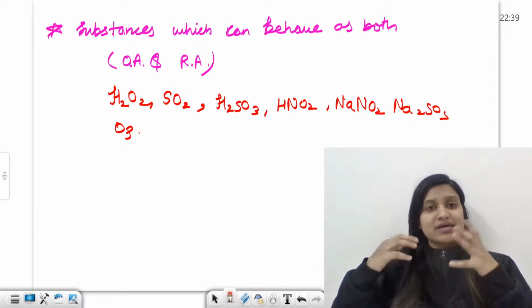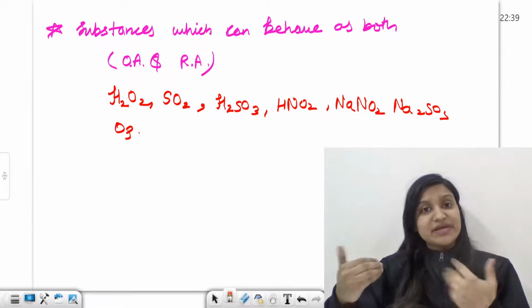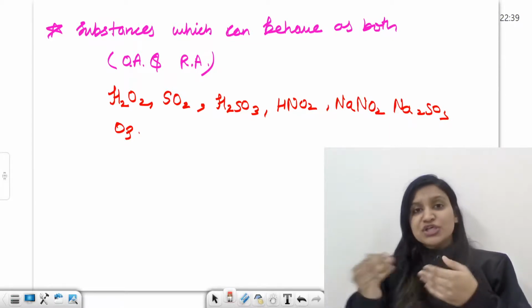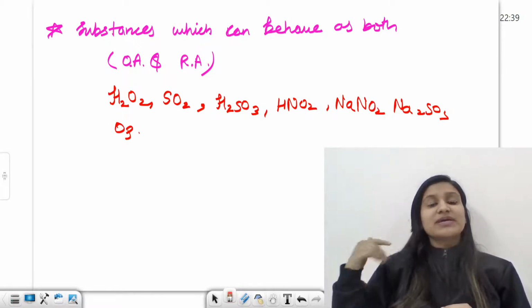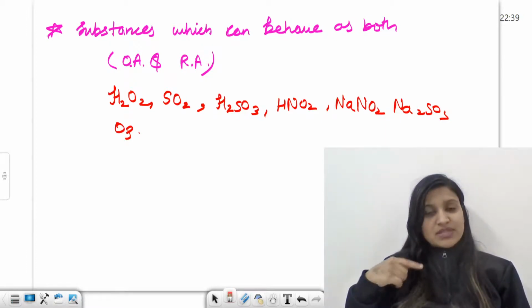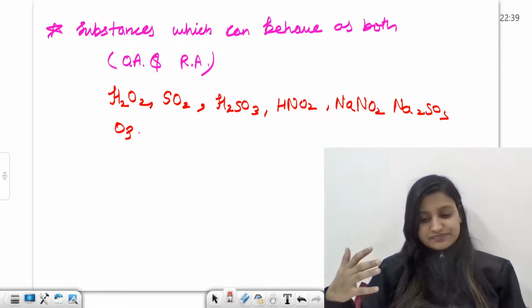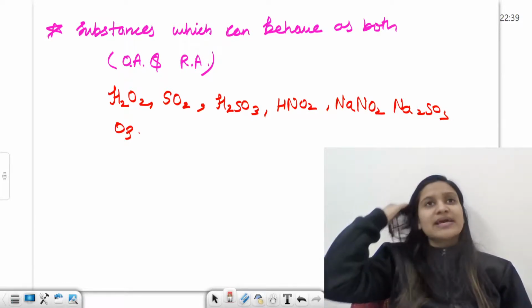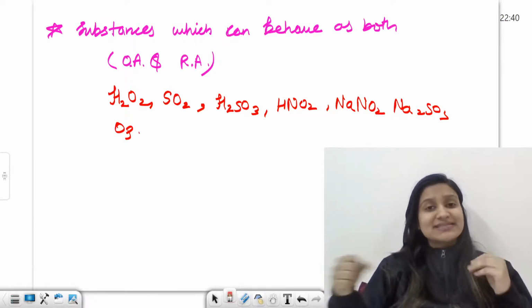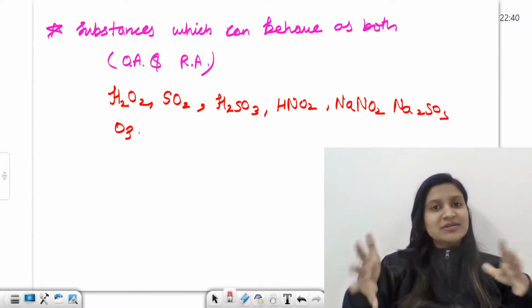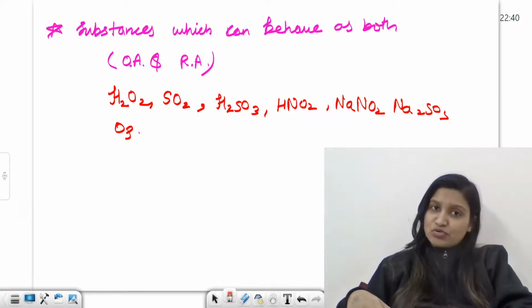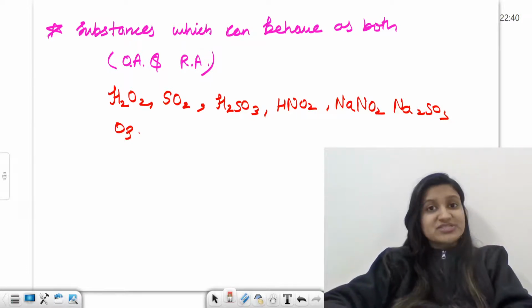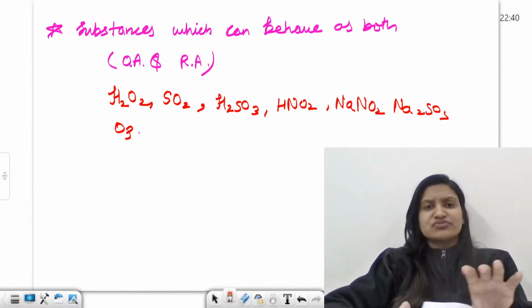If a compound contains an element in the lowest oxidation state, then it will behave as a reducing agent. If a compound contains an element in an intermediate oxidation state, then it may behave as both oxidizing agent as well as reducing agent.